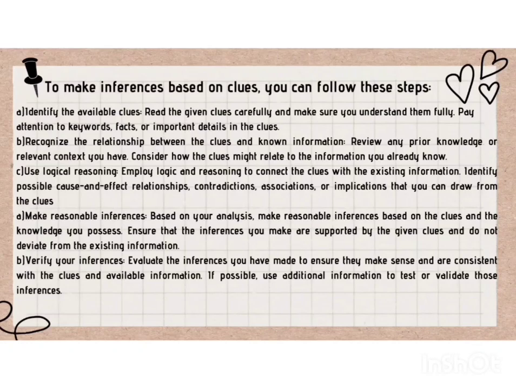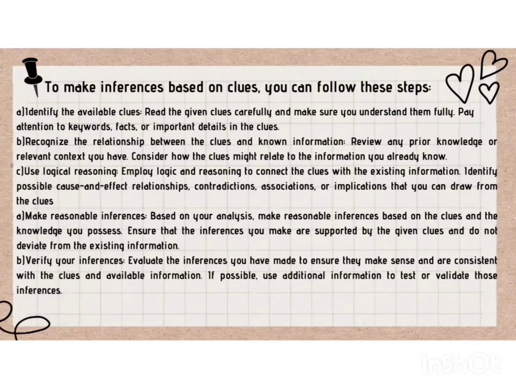The third one, we have to use logical reasoning. Employ logical reasoning to connect the clues with the existing information. Identify possible cause and effect relationships, contradictions, associations, or implications that you can draw from the clues.